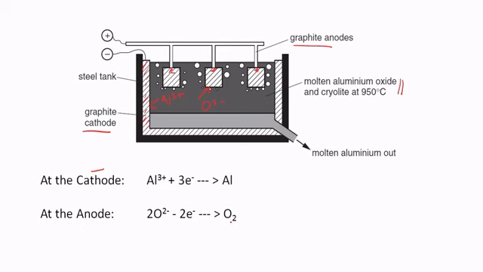Now the oxygen produced at the anode reacts with the graphite. So remember, graphite is carbon, C + O2 produces CO2. So what happens over time is that the anodes have to be replaced because they are being used up, or the mass of the anodes is decreasing.